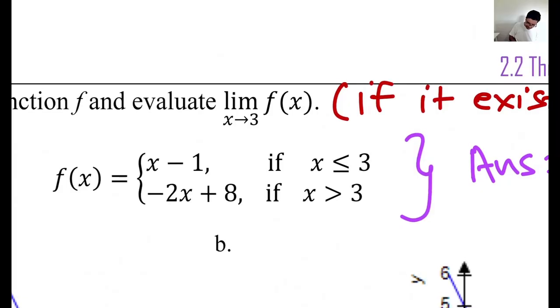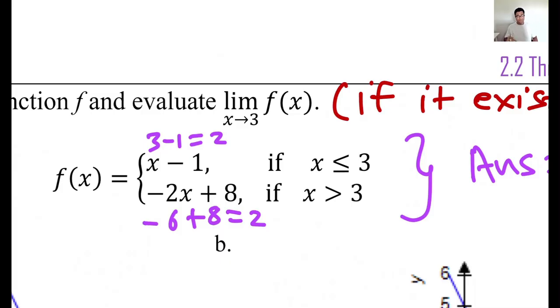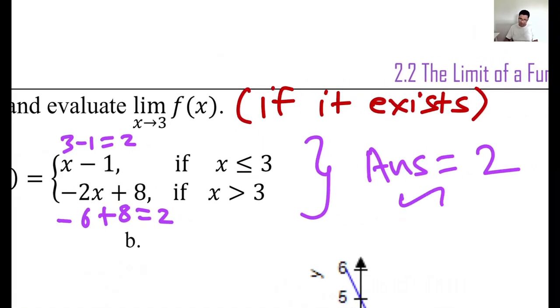It's simple. Plug in here. 3 minus 1, 2. Over here, negative 6 plus 8, 2. For both of them, when you plug in x equals 3, you get the same result, 2. Hence, the two one-sided limits exist and they are equal, hence the limit exists. So the limit of the function is 2.